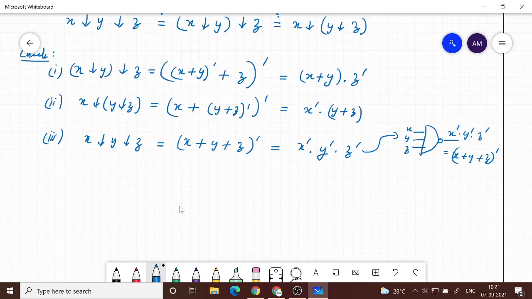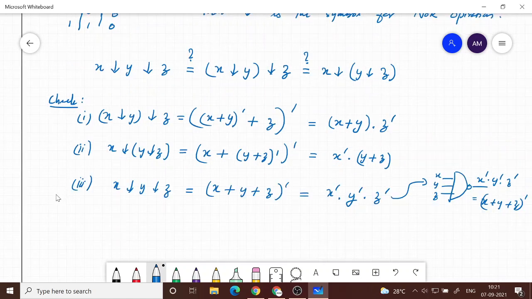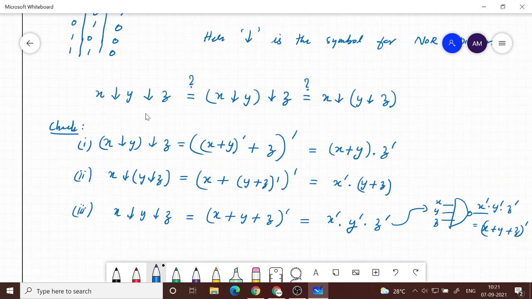Okay, so this is one example, and similarly you can take NAND operation also. It also doesn't have the associative property satisfied, so therefore you need to be careful not to make such mistakes. Okay, so if you are grouping, you get something, and depending upon how you group it, and if you don't group at all, what you mean is like this.